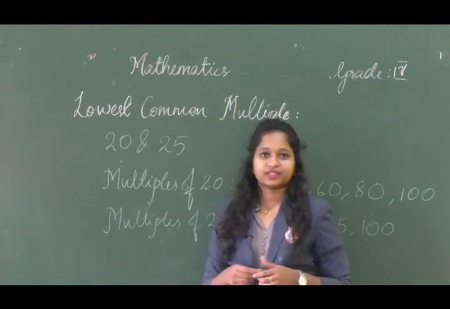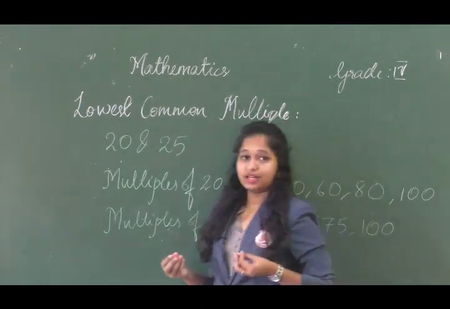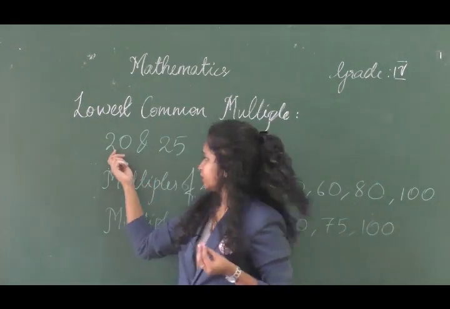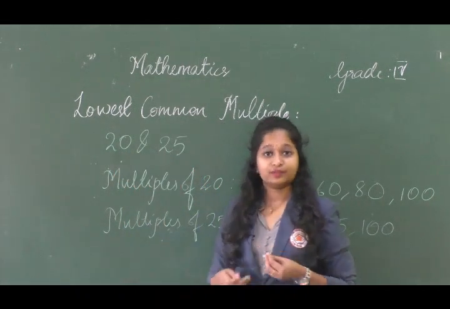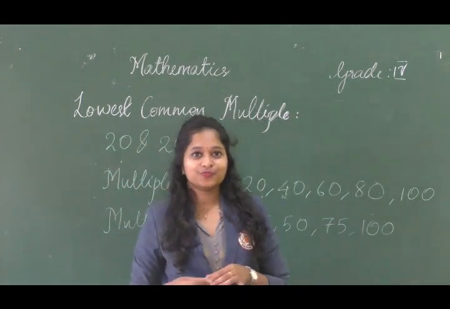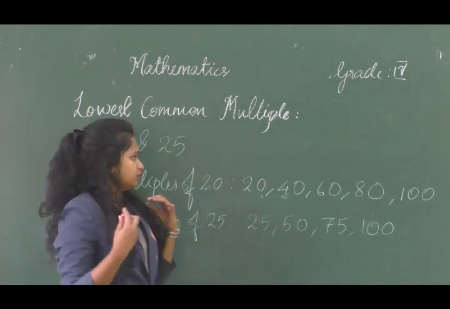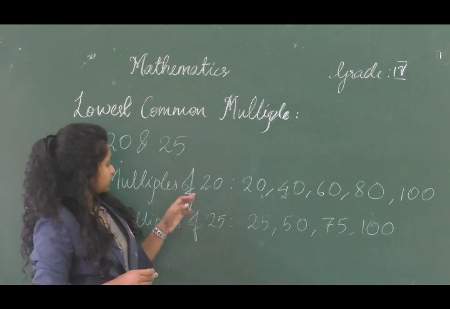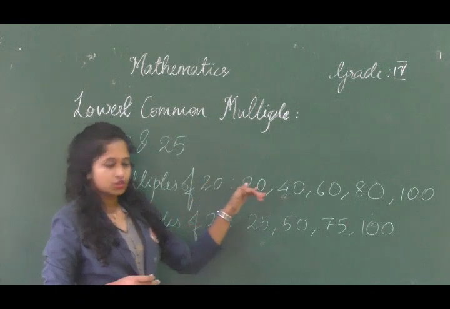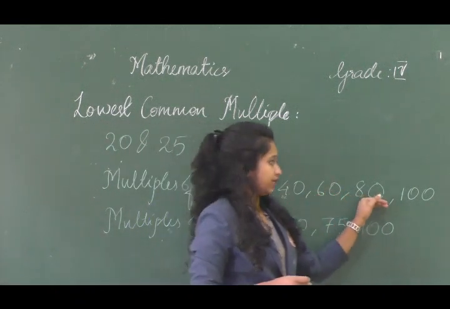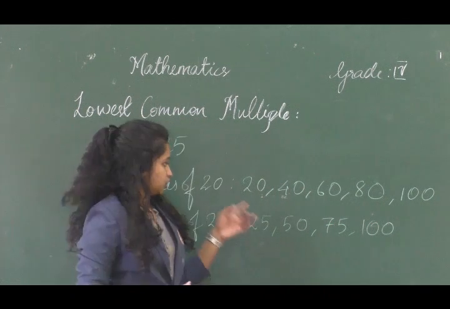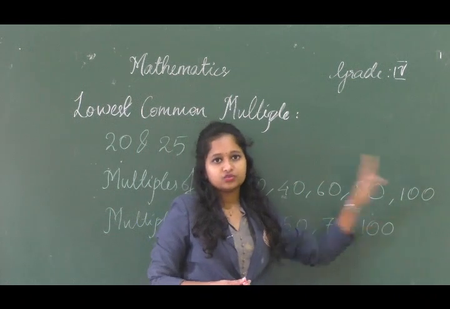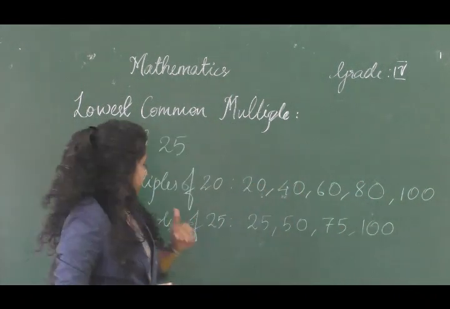Okay? So let's see an example to find the LCM. Here I have 20 and 25. Let's find the LCM of 20 and 25. Yes? So, first list the multiples of 20 and 25. Here multiples of 20 are 20, 40, 60, 80, 100. How to get it? 20 into 1, 20 into 2, 20 into 3, 20 into 4, 20 into 5. List those multiples.